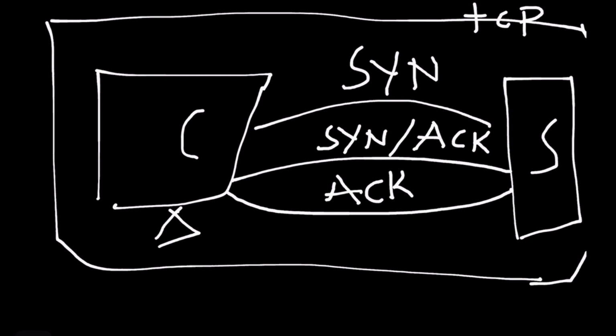This is actually the reason why we call TCP a connection-oriented protocol. A connection-oriented protocol in the sense that before it can communicate with you, you have to first have a handshake with it. Then you start the communication. So that's how it works.